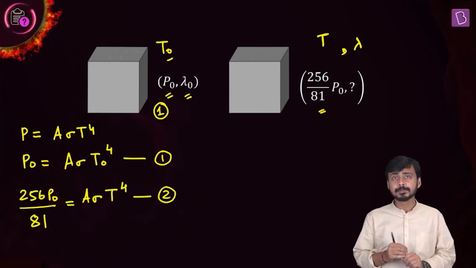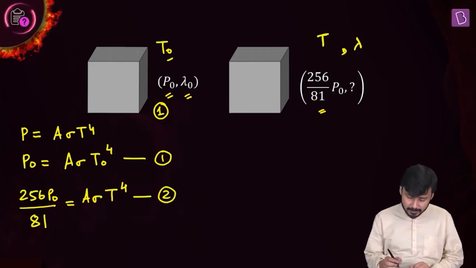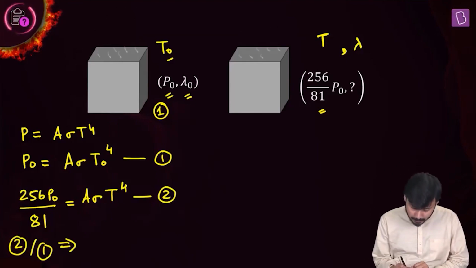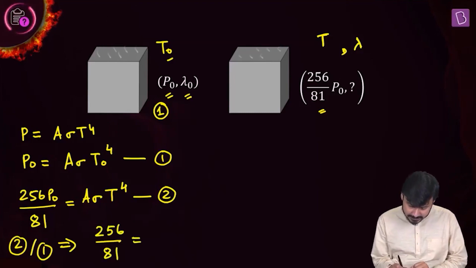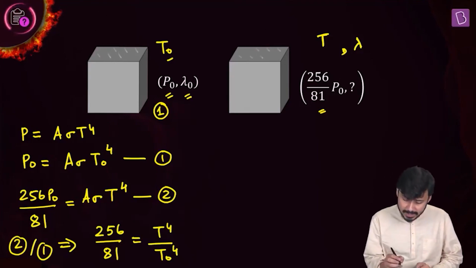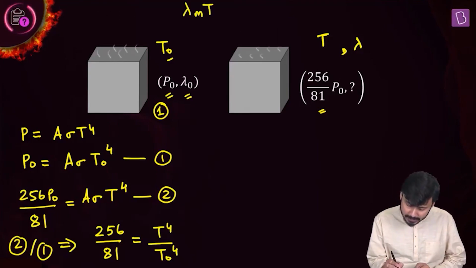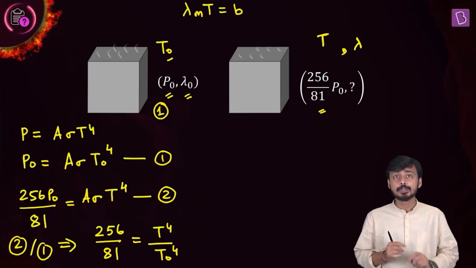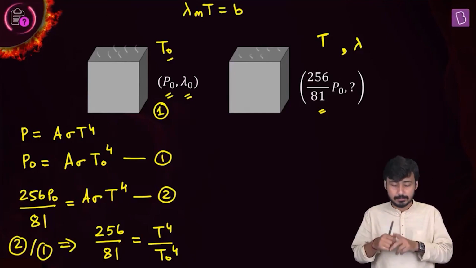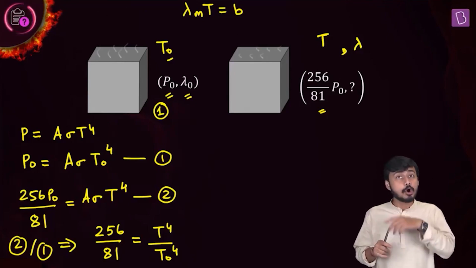That's equation number 2. Equation number 2 divided by equation number 1 will give you 256 by 81 is equal to T power 4 divided by T naught power 4, right? And since I know lambda m into T is equal to constant, lambda m is proportional to 1 by T. So the ratio of the temperatures in the two states will be equal to the inverse ratio of the wavelengths.